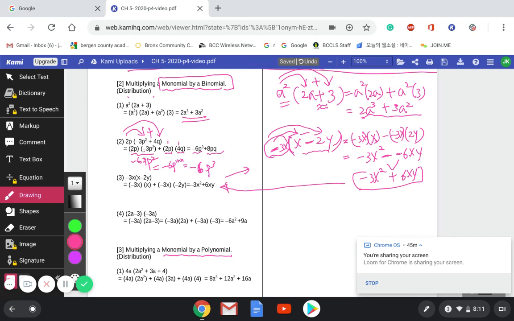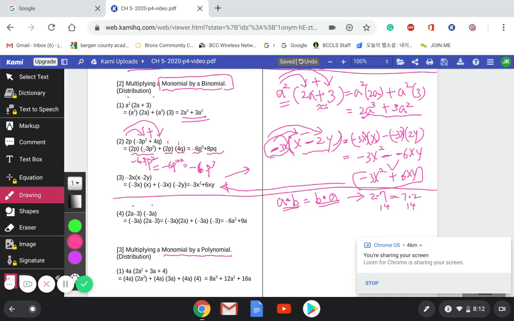Now, when you have a binomial multiplied by monomial, just for the convenience, you can just switch them. Because if you have a times b, as long as they are multiplication, it's the same as b times a. So the value doesn't change. So as long as they are multiplication, switching the order is allowed. So if you have 2 times 7, which is 14, that should be the same as 7 times 2, which is 14.